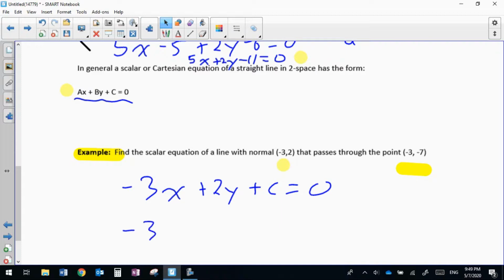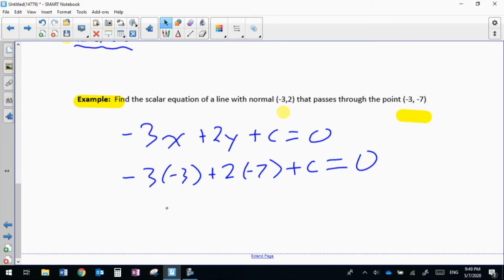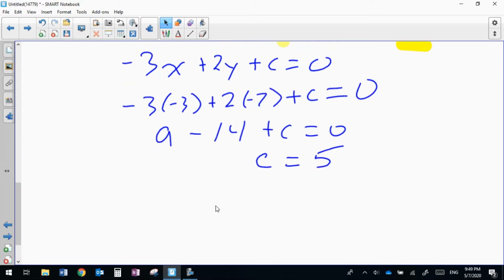I get negative 3 times negative 3 plus 2 times 7 plus c equals 0, or 9 plus 14 plus c equals 0... and c is 5. And our scalar or Cartesian equation, we might start by writing negative 3x plus 2y plus 5 equals 0.